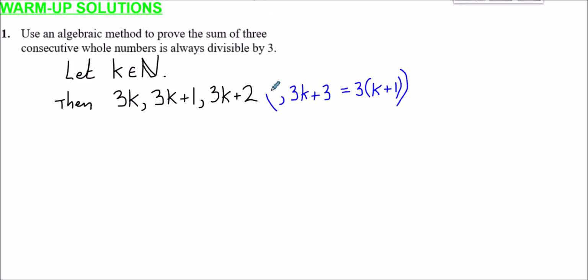So I'm going to get rid of this now because I've shown you. But by setting it out like this, we're almost done. So the product, we can just work out and show that it's going to be a multiple of 3. So first of all, 3k, 3k plus 1, 3k plus 2, they're going to be consecutive whole numbers.